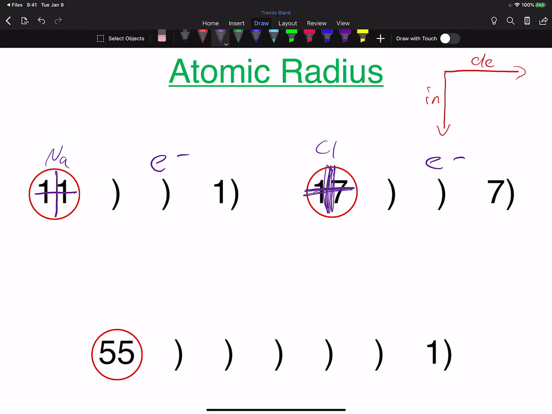And in this case, that means that the nucleus of the chlorine is going to more aggressively attract the electrons out in its cloud. So all the electrons in the cloud of both of these atoms feel this attraction. And frankly, that's part of what keeps the electrons orbiting around the nuclei in the first place. So here's, let's say, the attraction felt by this electron to its sodium nucleus.